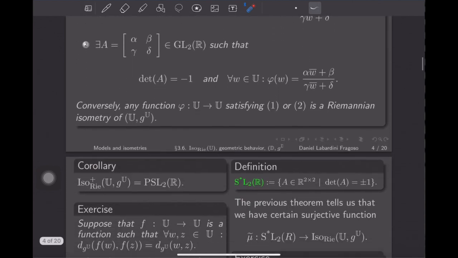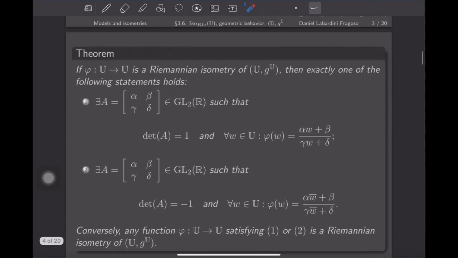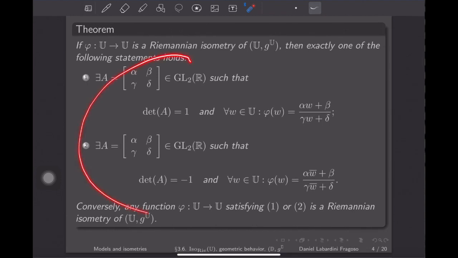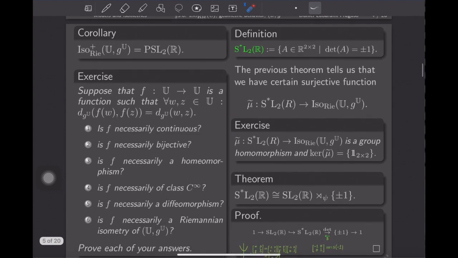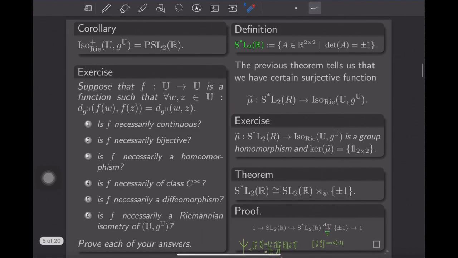And then in particular, from these explicit descriptions, one can immediately obtain that PSL2R is already the whole group of Riemannian isometries that preserve the orientation.